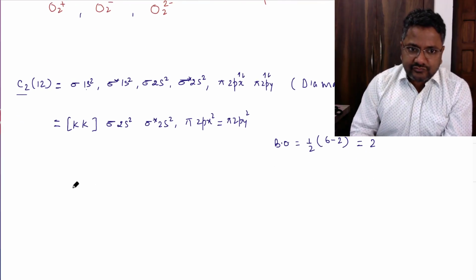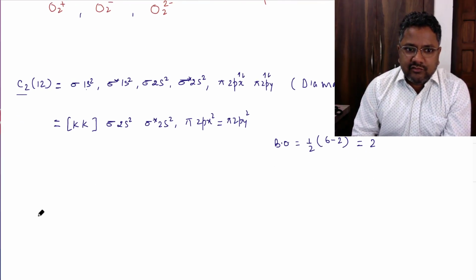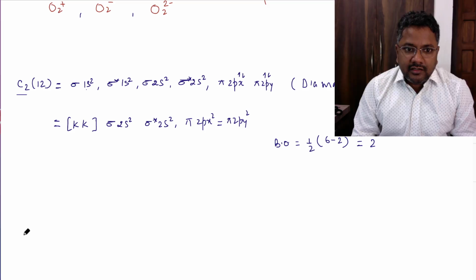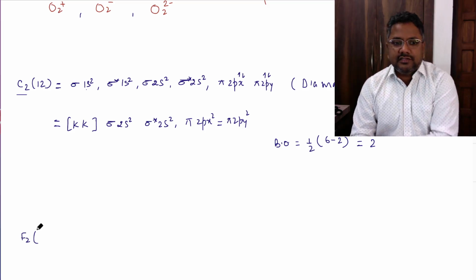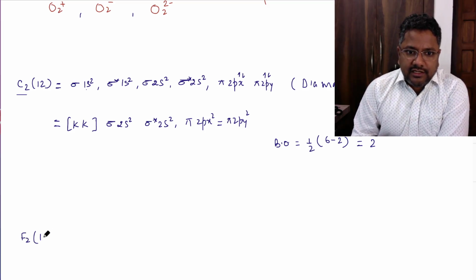Now if we take the F2 molecule, how many electrons are there? 9. So 9 and 9, 18 electrons are there.